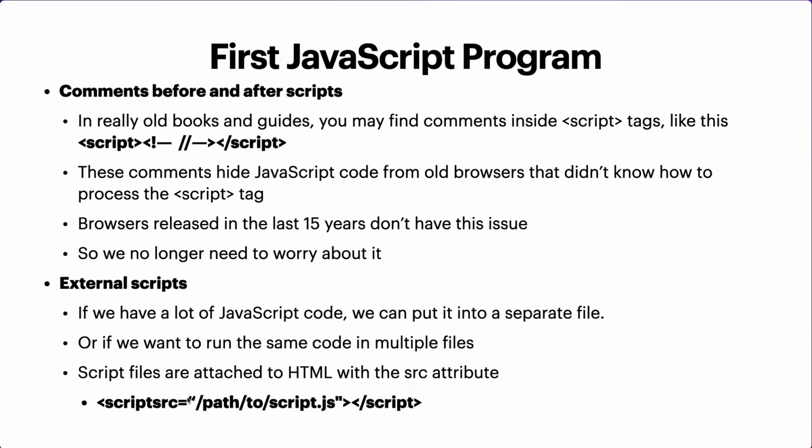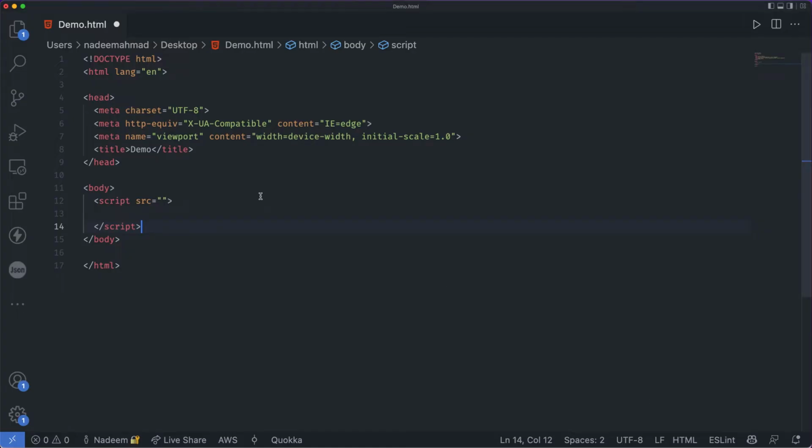Script src, and you can see here the example path to the script file. We can name it anything, but for now I just named it script.js, and let's do it practically so we can have a better sense of that.